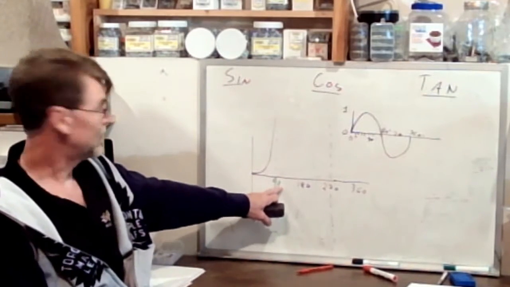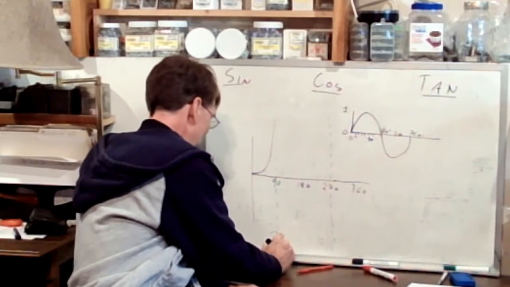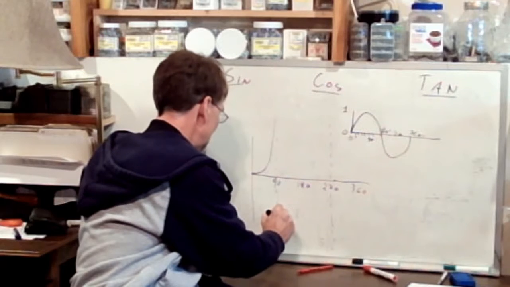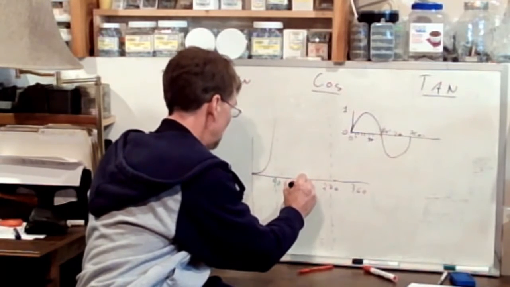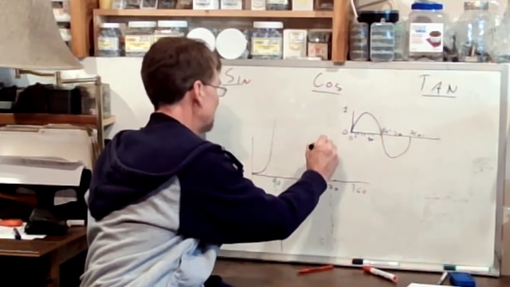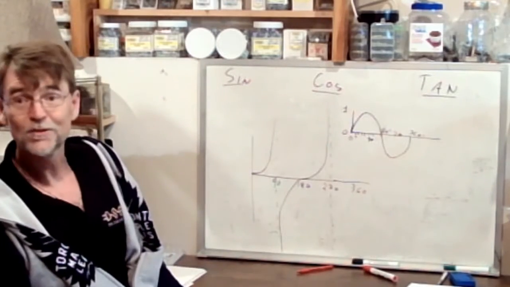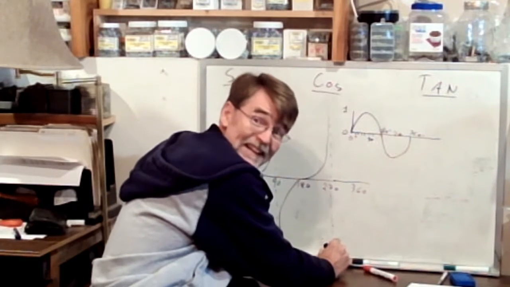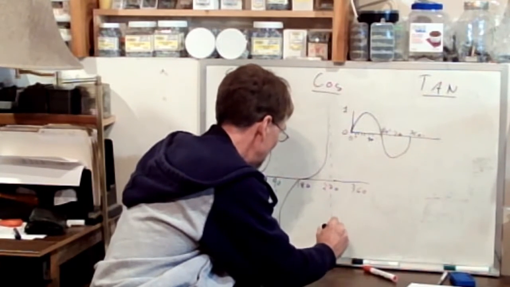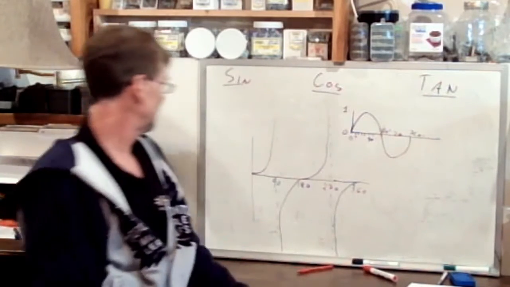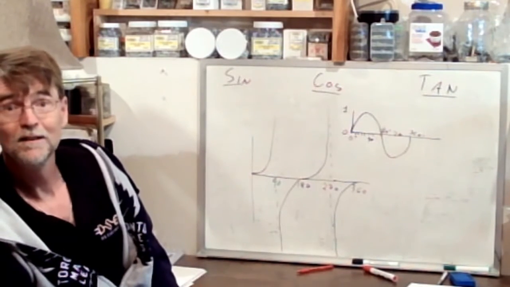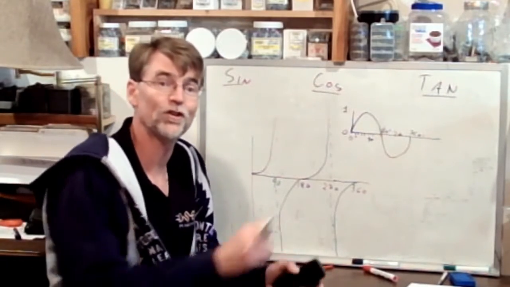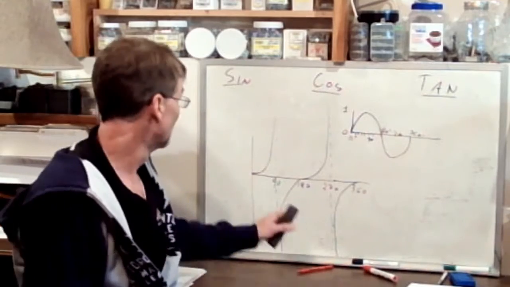Once we get beyond 90 degrees, we start with an infinitely large negative value, which comes back to 0 at 180, and then goes infinitely large again at 270. And just beyond 270, we once again start with an infinitely large negative value, and we come back to 0 at 360 right there. Just crazy, crazy stuff. But that's what the tan function looks like throughout the full 360 degrees.